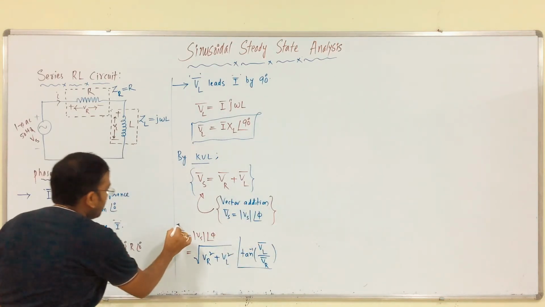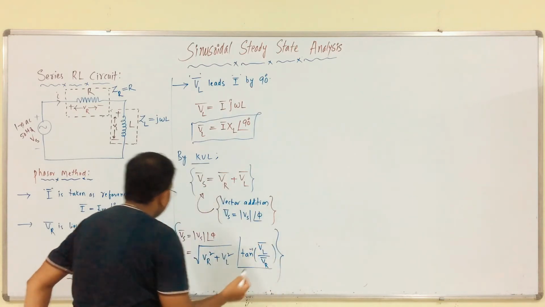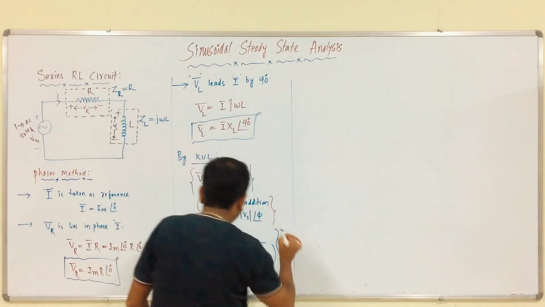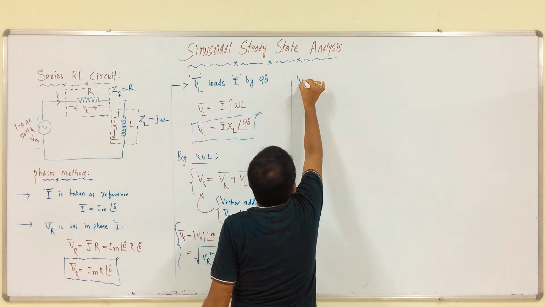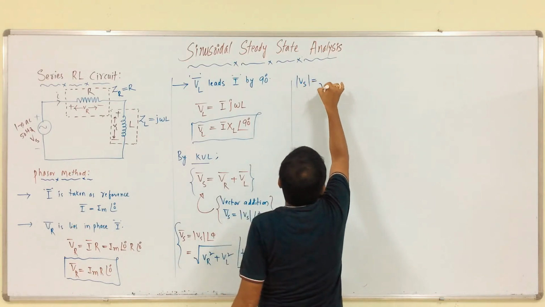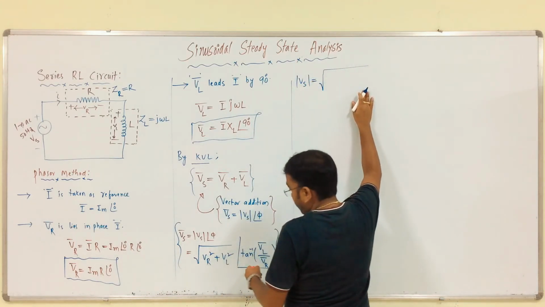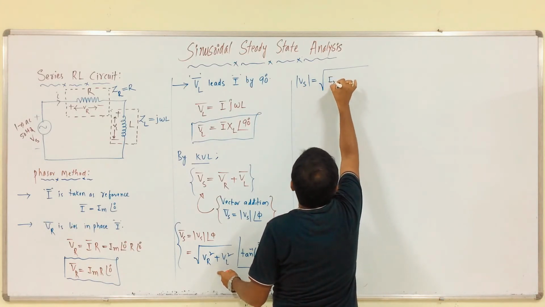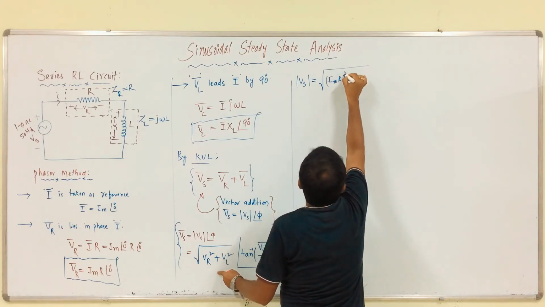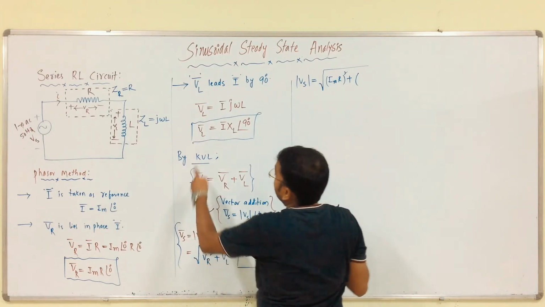So, see, from this, the magnitude of Vs is what? Vr square, that is Im into R whole square, like that. Vr is what?